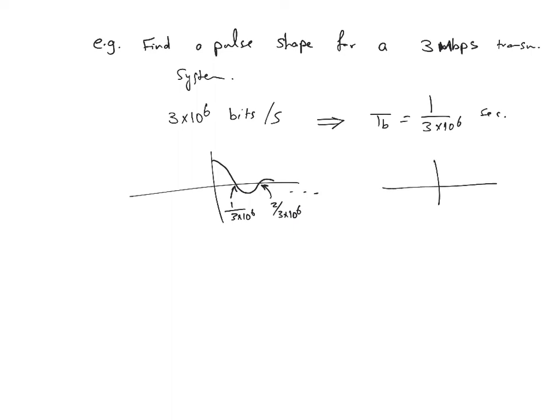And in frequency domain, it's going to have a bandwidth which is 3 times 10 to the power 6 hertz, right? That's basically the frequency domain representation and the time domain representation.